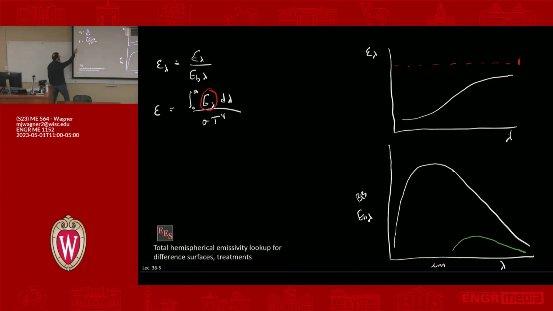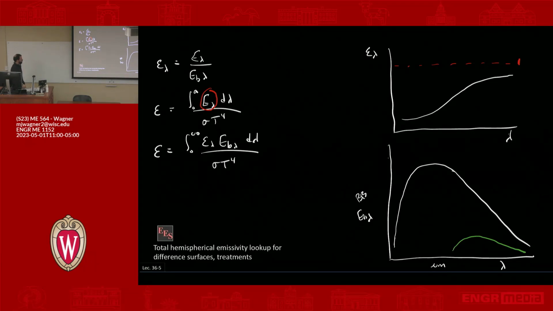Okay, so we can take this piece up here, solve for E lambda, and sub it in here. When we do that, we end up with the following: epsilon is equal to the integral from 0 to infinity of the emissivity function of wavelength times the black body power at that wavelength, d lambda, divided by sigma T to the 4th.